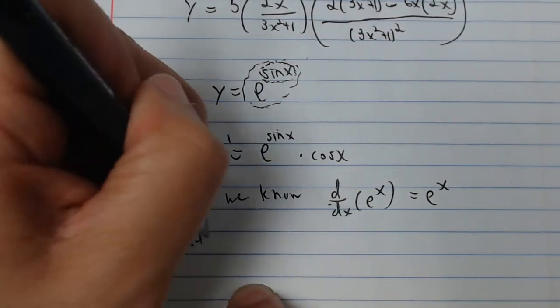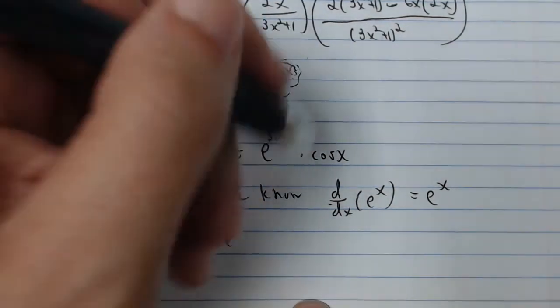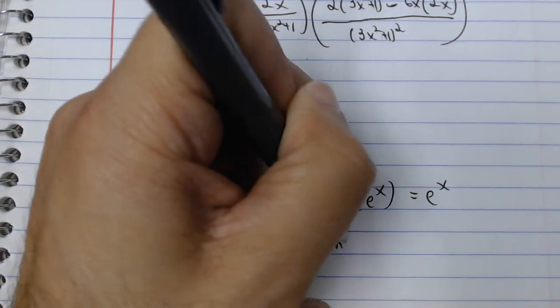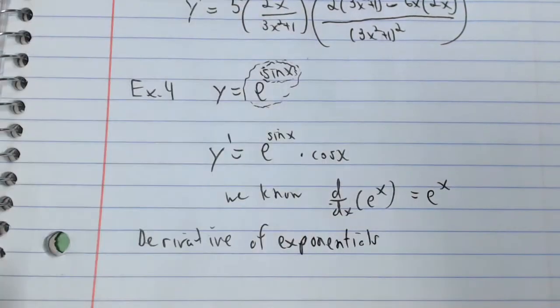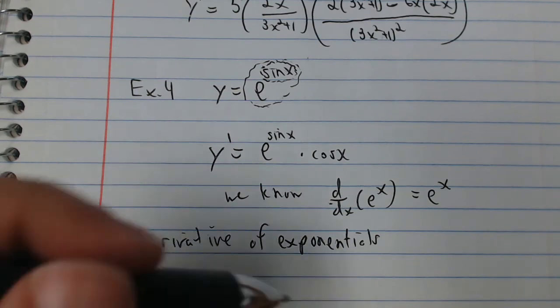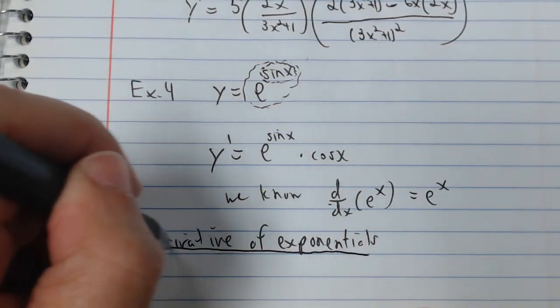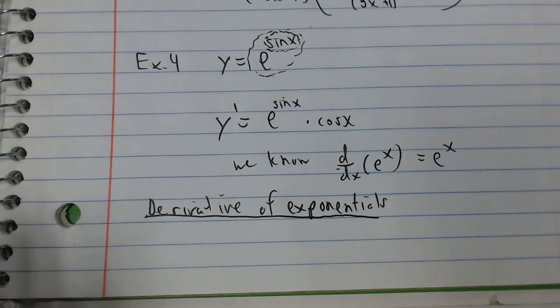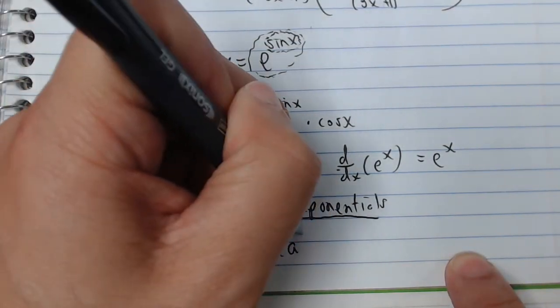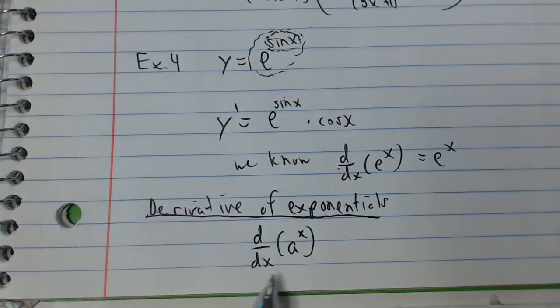This next derivative of exponentials, e to the x also follows this rule, but there's something we don't bother writing because it would be a waste of our time. The derivative of exponentials is defined as follows. The derivative with respect to x of a to the power of x. Notice how this is an exponential function, except my base is no longer e.